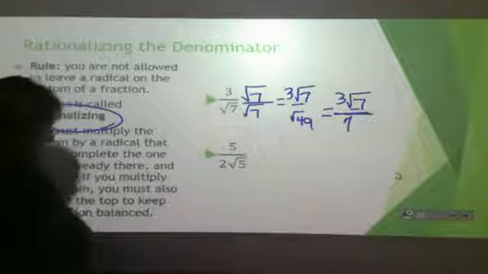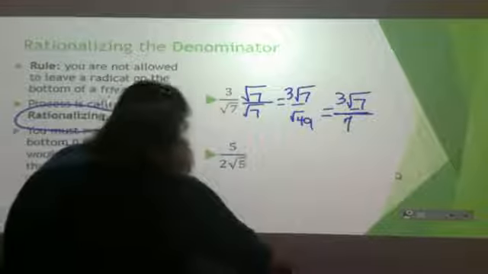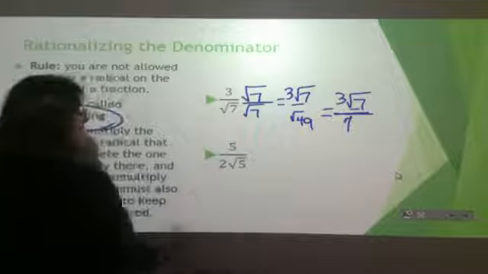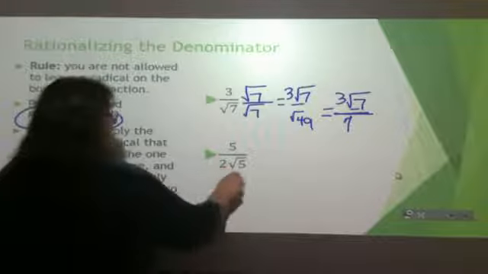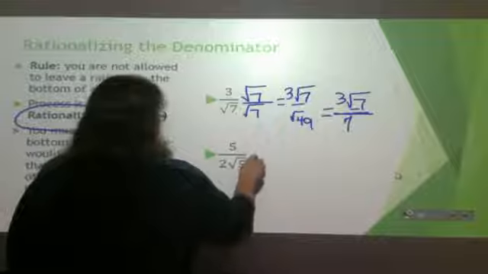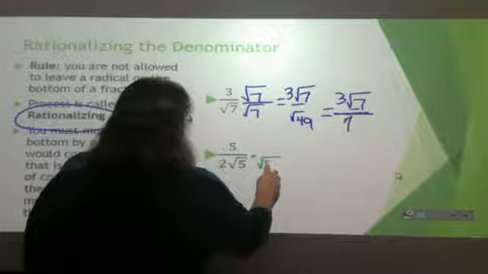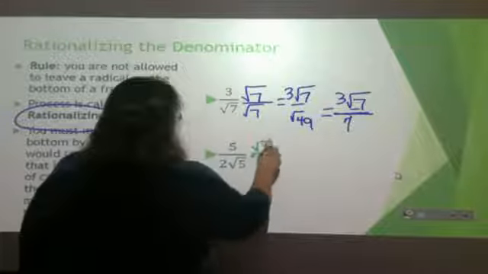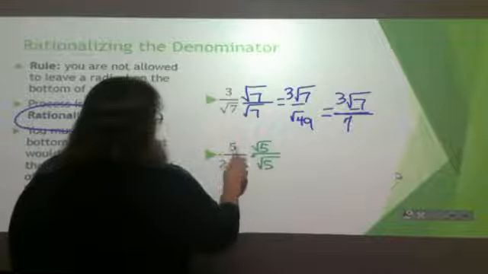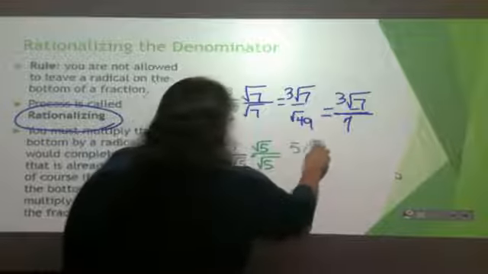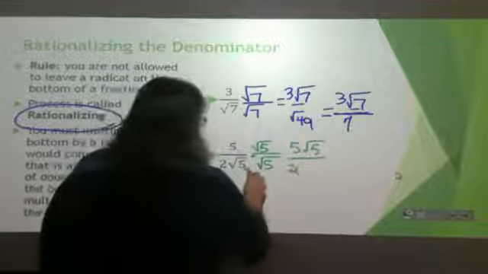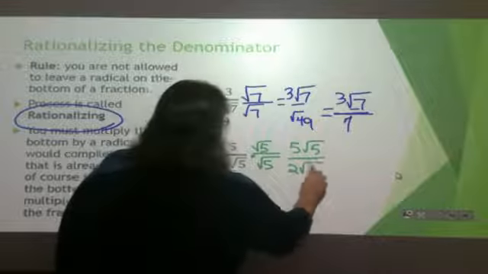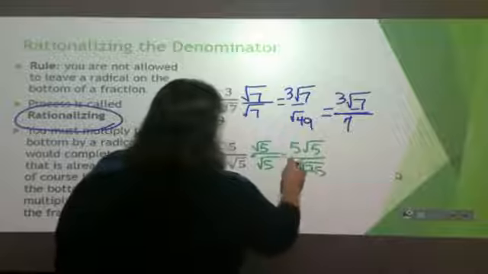One more. I've got the 2 on bottom of a fraction. We're good. We're fine. It's this square root of 5 that can't stay there. So we're going to multiply by the same radical, top and bottom. Multiply the top, I get 5 square roots of 5. On the bottom, I've got a 2. Square root of 5 times square root of 5 gives me square root of 25.